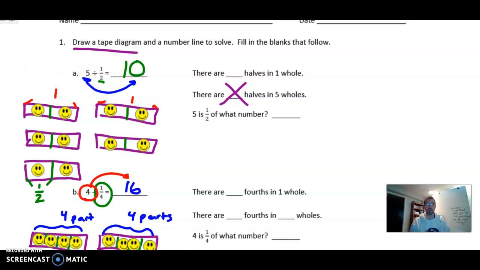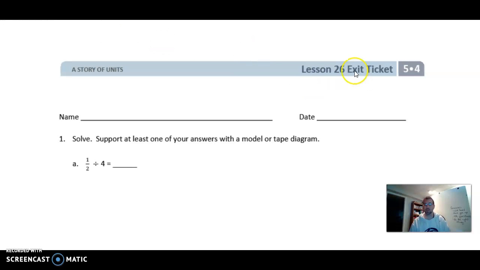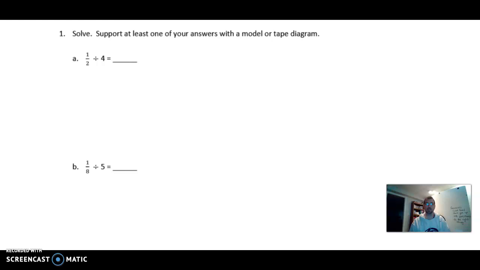This next one here is that exit ticket from lesson 26, looking at just the key problems. And this one has the fraction first. What we're going to do is solve these by drawing models.